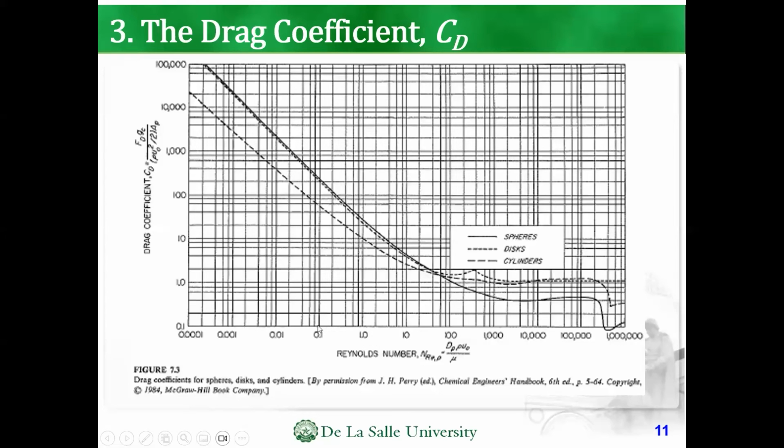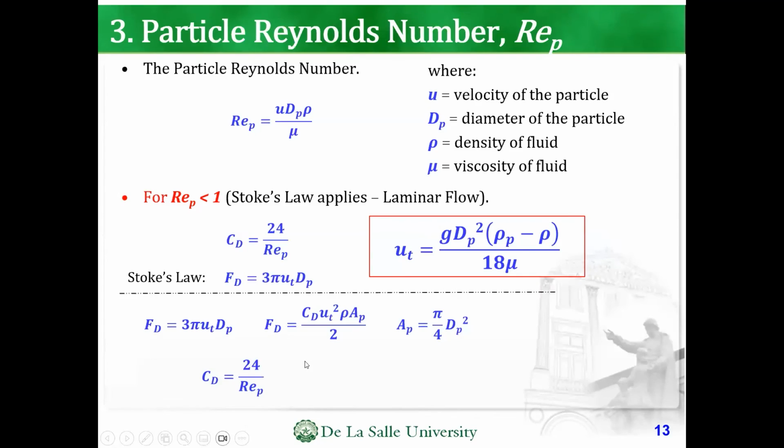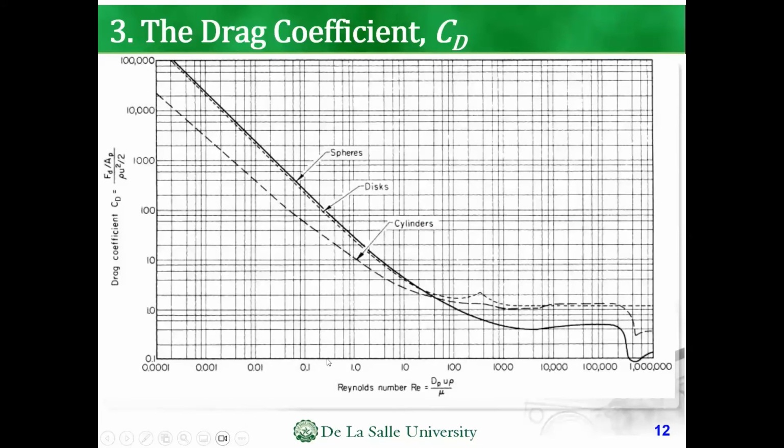The only problem is that the graduation is not very sensitive. This one might be a bit better or roughly the same. You have to take note that this is in logarithmic scale.